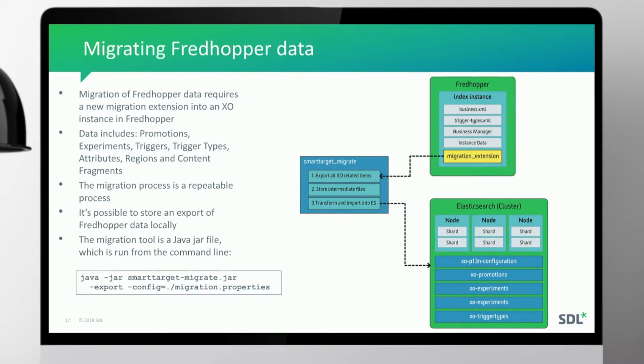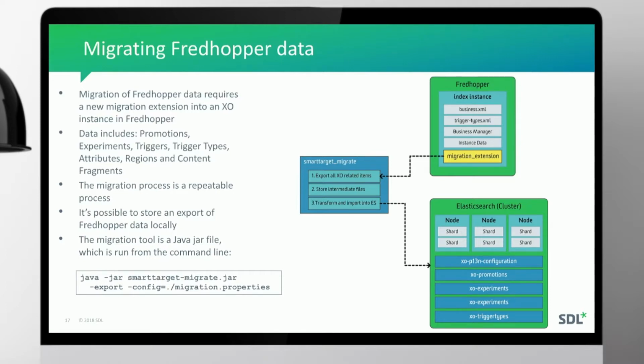Since if you use Smart Target or XO, you already have installed the Smart Target API extension into your Fredhopper index, this follows the same principle. So this jar file should be installed next to the Smart Target API extension. After you've done that and restarted Fredhopper, you can start to do a migration.